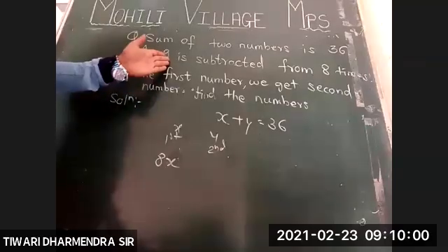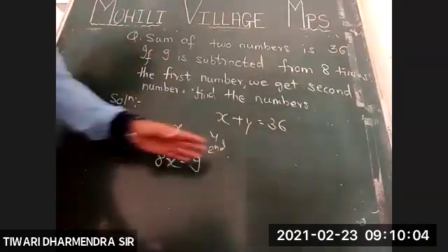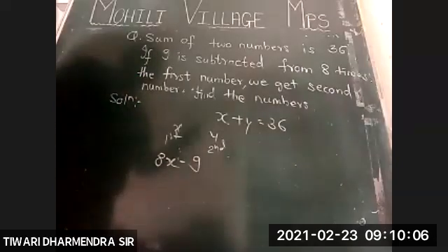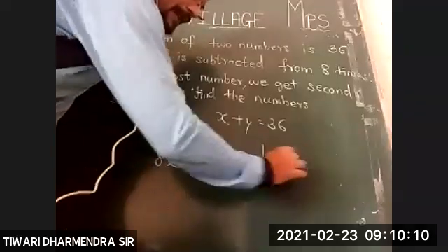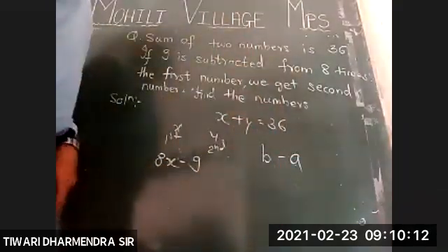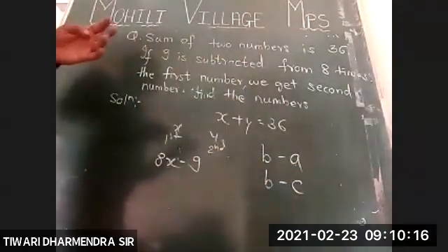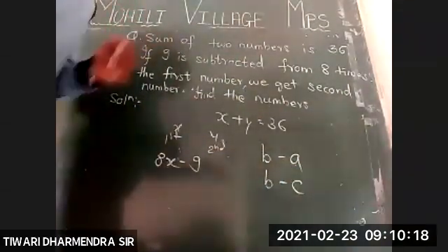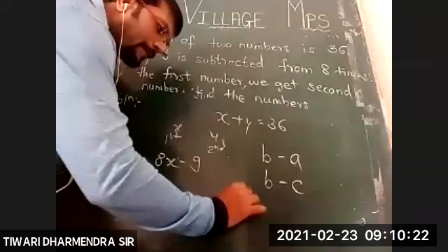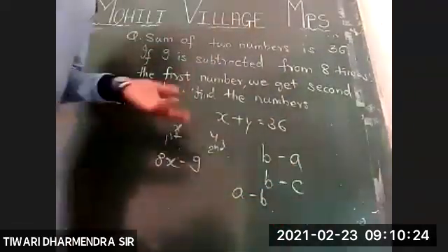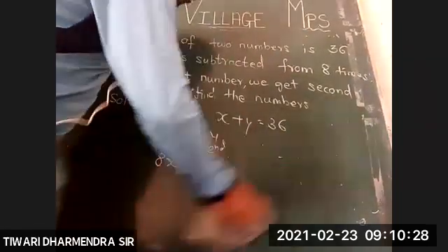What is getting subtracted? 9. So minus 9. From means, if I'm subtracting a from b, then it is b minus a. If I'm subtracting c from b, it is b minus c. So what is getting subtracted will come afterwards. This you should keep in your mind. Very important.